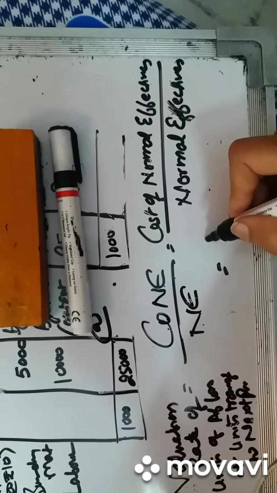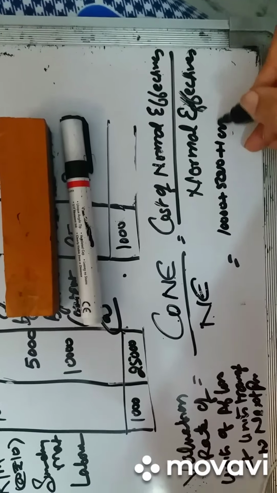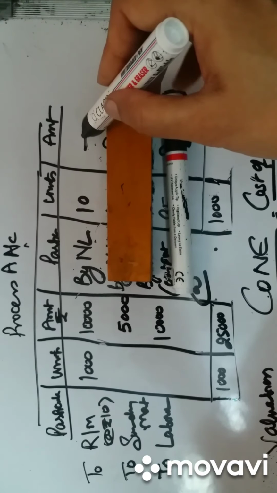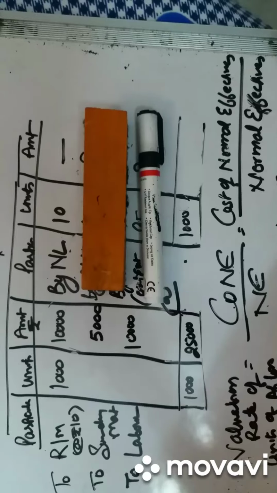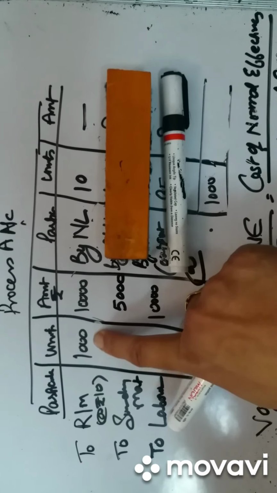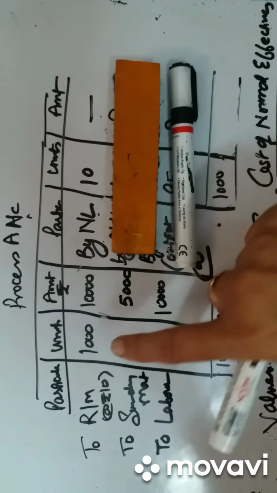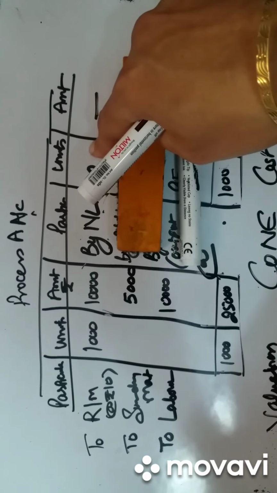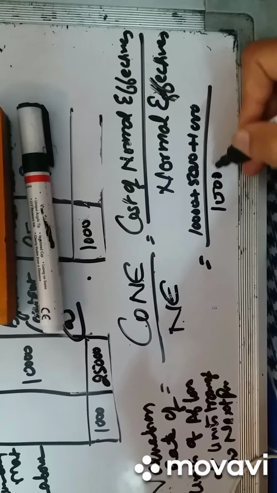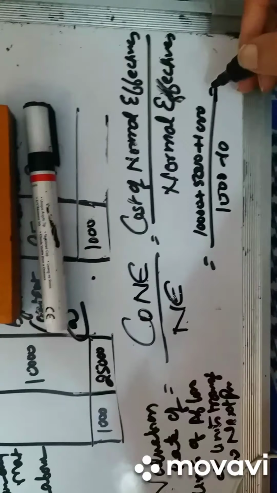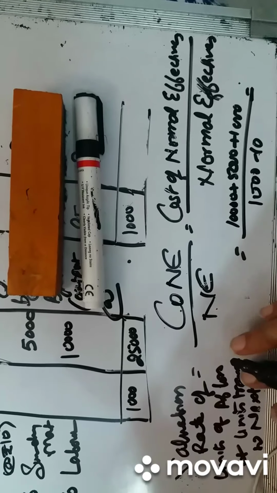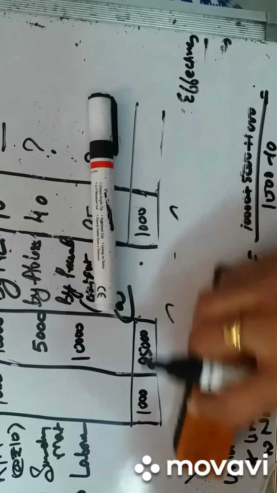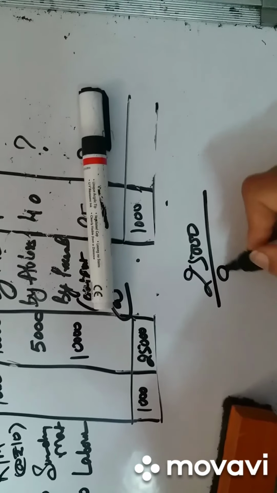So I will be writing over here 10,000 plus 5,000 plus 10,000. Look into the credit side, is there any amount visible? No. Suppose if there was, we would subtract it, but here there is none, so we don't take it. For normal effectives units, the units visible in debit minus those visible in credit. Only two unit figures are visible, 1000 here and 10 here. So 1000 minus 10 gives 990, and we just divide. The answer is 25,000 divided by 990.